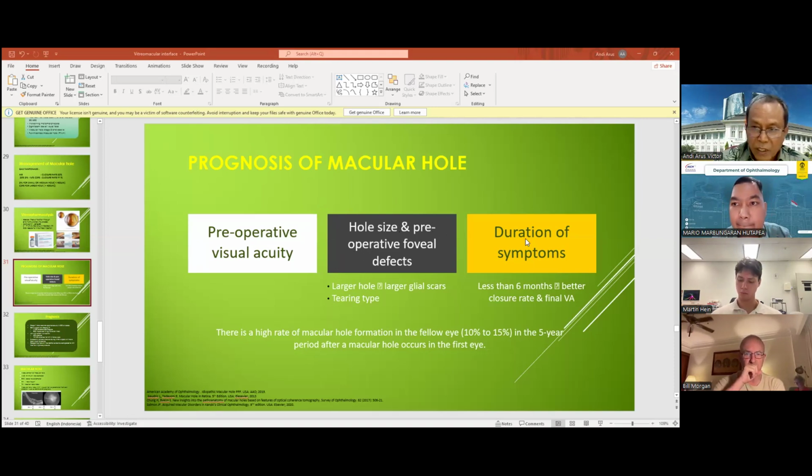And the duration of the macular hole, if more than 6 months, usually has a poor prognosis. And the larger the hole, the poorer the chance to close the hole.